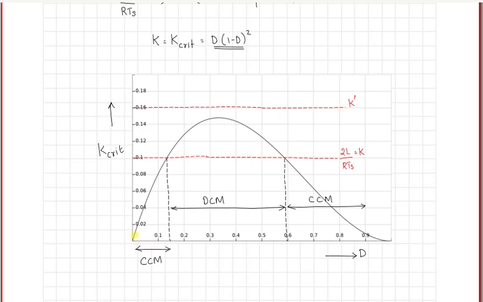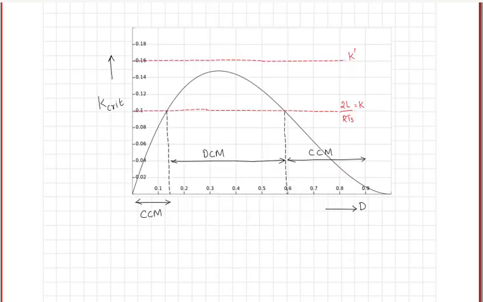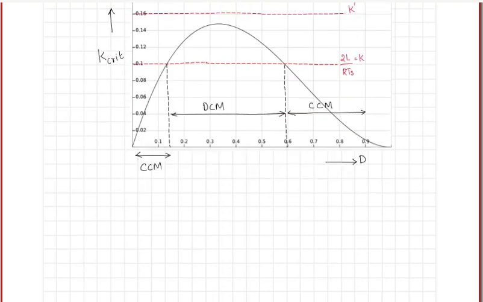This value of k dash is now above the k critical for all values of D, and this means that for any value of duty ratio, if you maintain the constant 2L by RTS to be above this peak value, you can have assured operation in the CCM region. So then we need to find out what is this value above which we can operate in the CCM mode. So how do we do that?